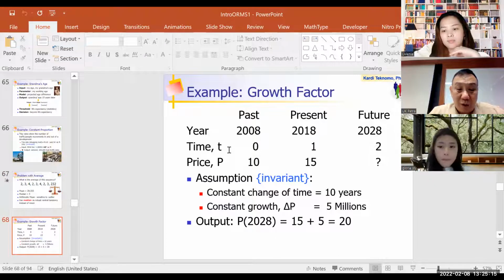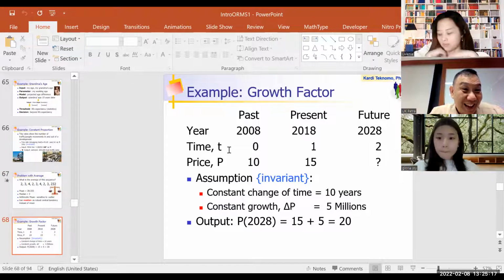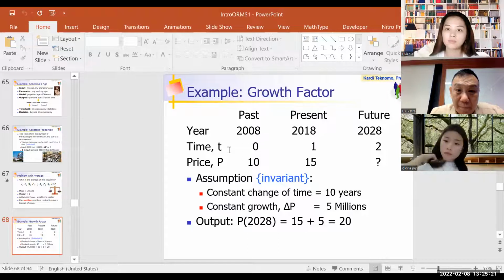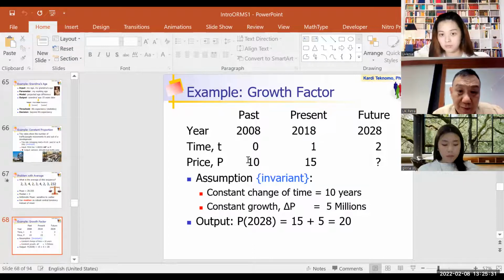Okay, another way to predict. Again, I just use a very simple model here. Say I want to predict a price. In 2008 it was 10. In 2018, at that time the present, it was 15.